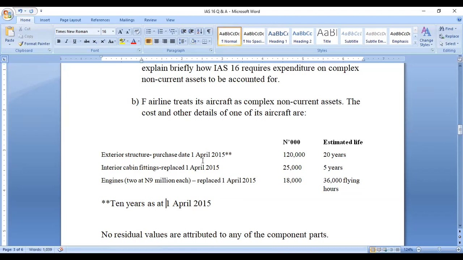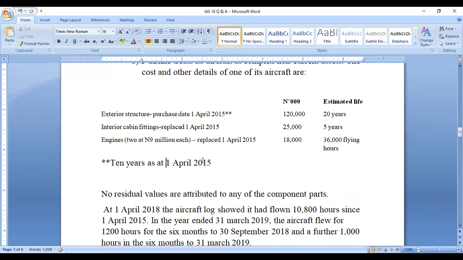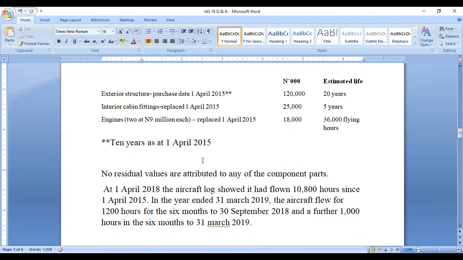Engines, 2 at 9 million each, replaced 1st April 2015, 18 million, 36,000 flying hours, 10 years as at 1st April 2015. No residual values are attributed to any of the component parts.